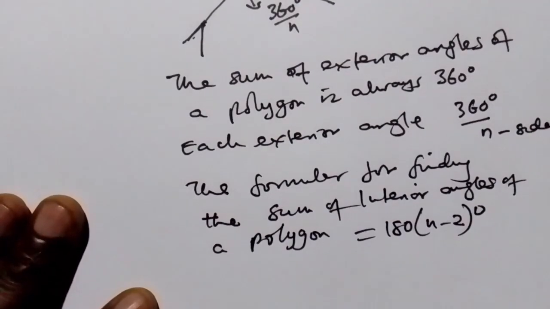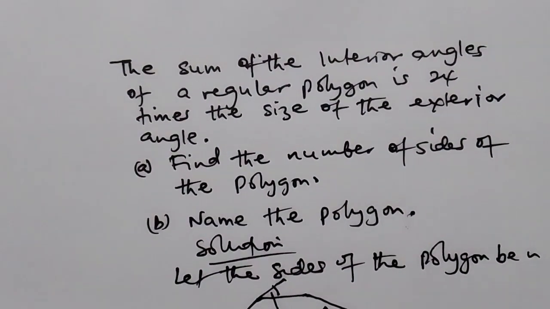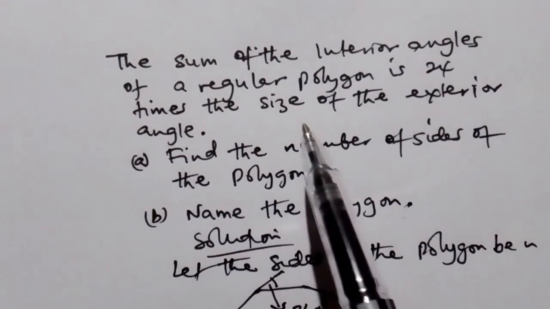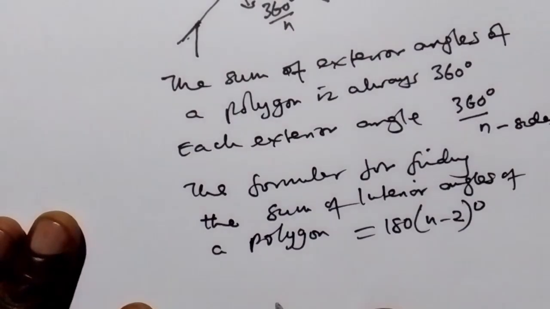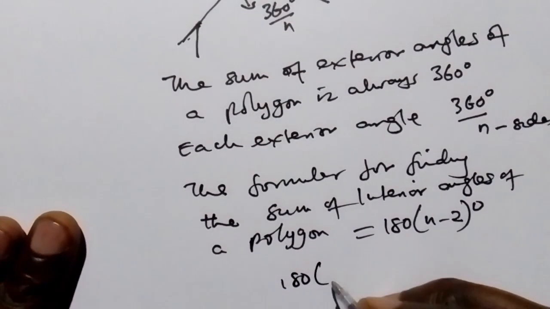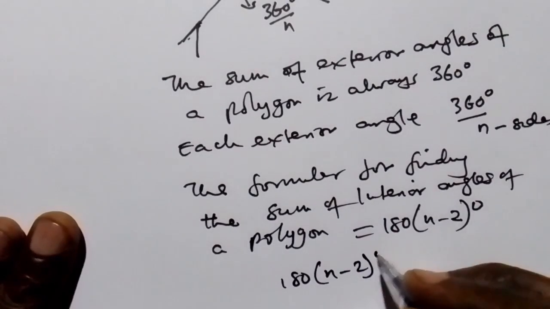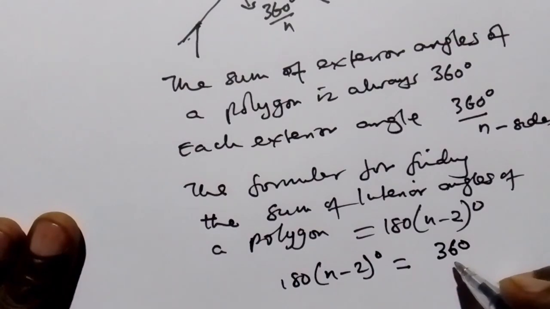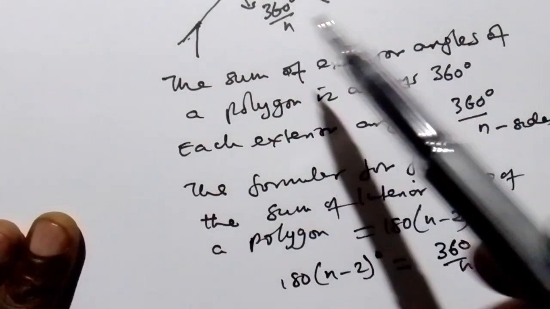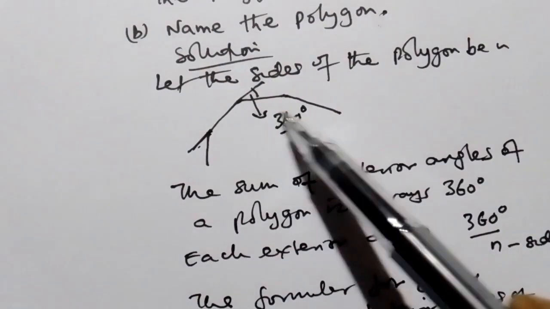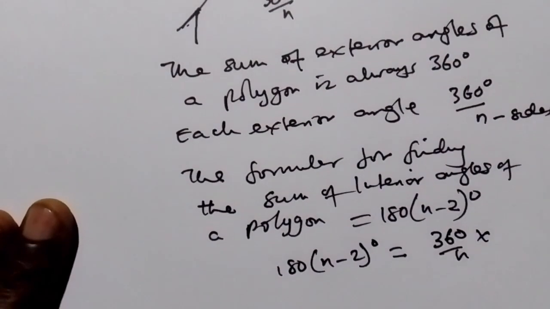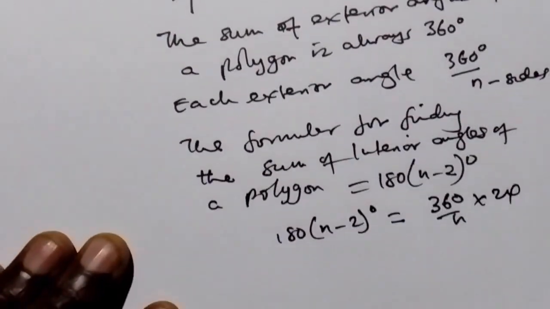So when we are told that the sum of the interior angles of a regular polygon is 24 times the size of the exterior angle, it means that 180 into bracket n minus 2 degrees is equal to 360 over n, the exterior angle, times 24.